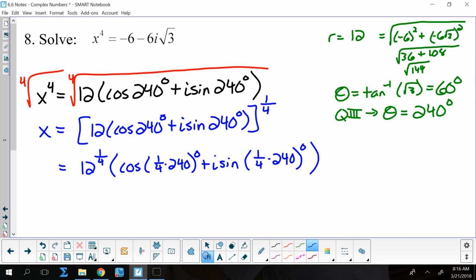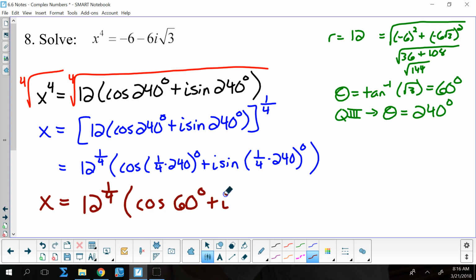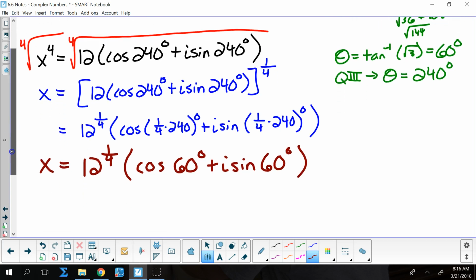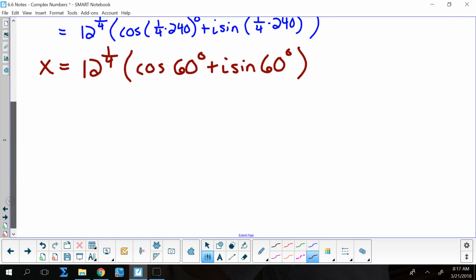There, now it's working. x here is going to equal 12 to the 1/4 power times the quantity cosine of 60 degrees plus i times the sine of 60 degrees. Right? But that's only one of them. Now I need to find the other 3.